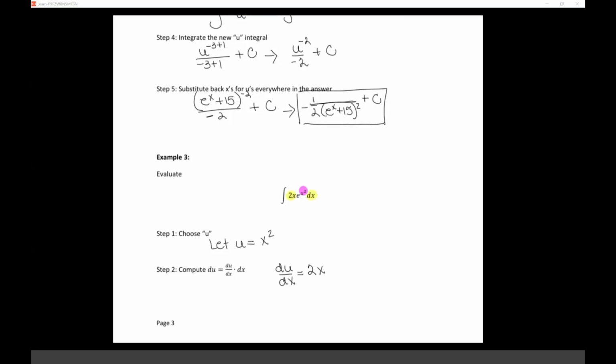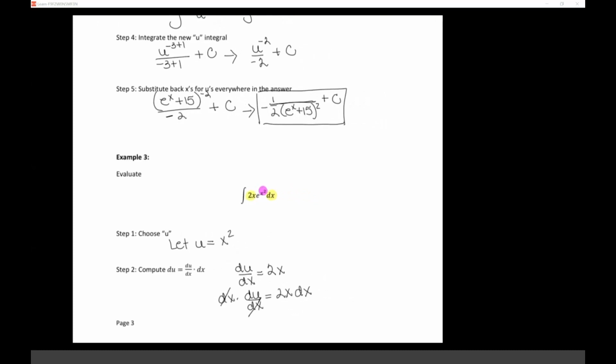Well, take a look. I got the 2x for free when I took the derivative of x squared. All I need to do is multiply both sides of du dx by dx. The dx's cancel on the left, and I get du equals 2x dx, which is exactly what I wanted.